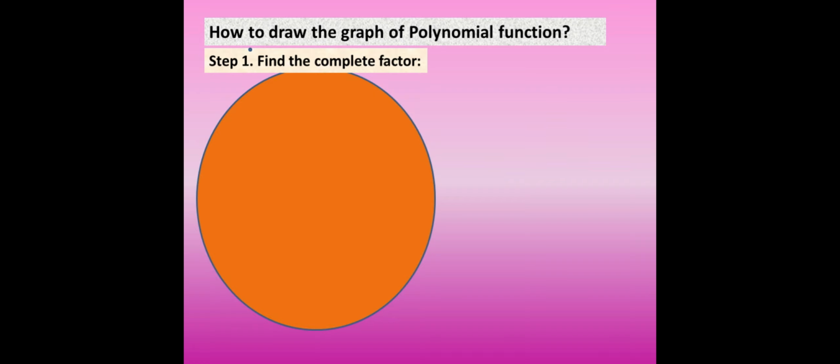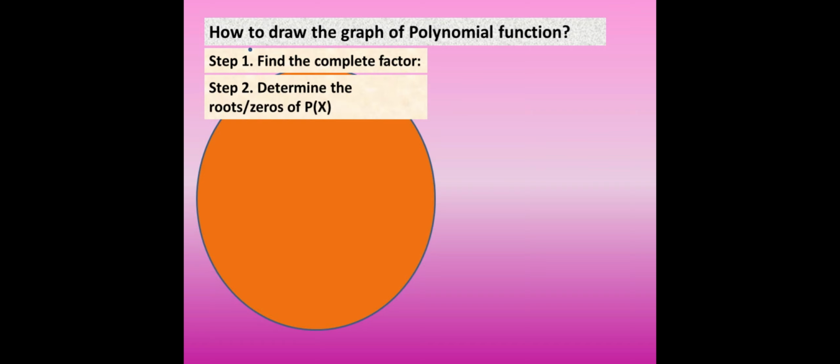If it is not factorable, just assign values of x and solve for y or p of x, then plot all the points and sketch the graph. So that is step 1, find the complete factor. We will give an example for that later on.